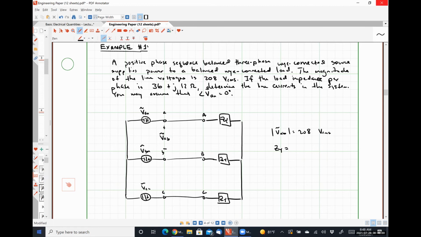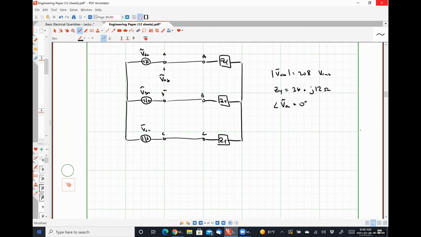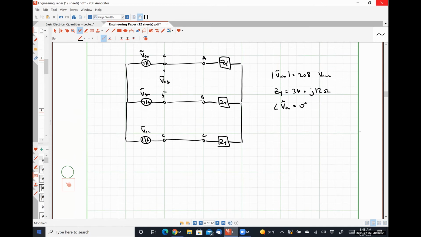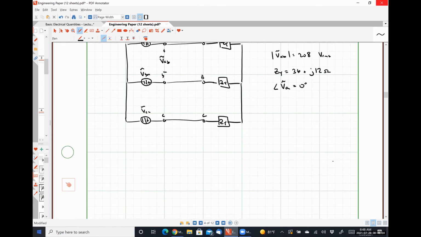I know that my load impedance is 36 plus J12 ohms. And I know that the angle of VAN is equal to 0 degrees. So if I wanted to analyze this in the easiest possible way, what I would do would be draw a single phase equivalent circuit and then figure out what pieces of information, if any, I am missing, okay?